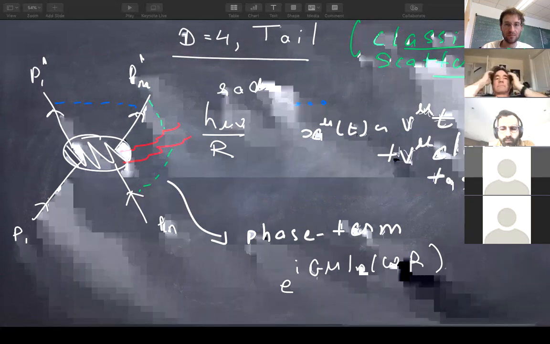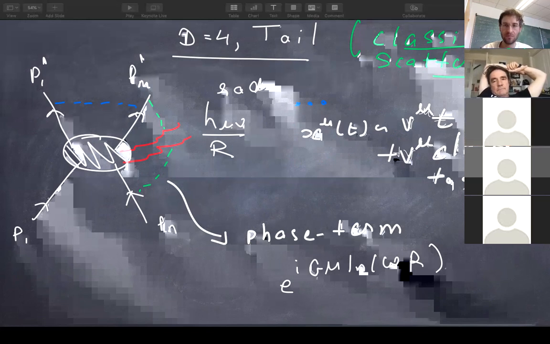And this is explicitly seen if we study the trajectory of these particles, which I have written here. If you look at the asymptotic trajectory of a particle, you explicitly see that there is an acceleration term which goes as log of t, which is not present in higher dimension, because this term precisely comes from the 1/r gravitational potential.